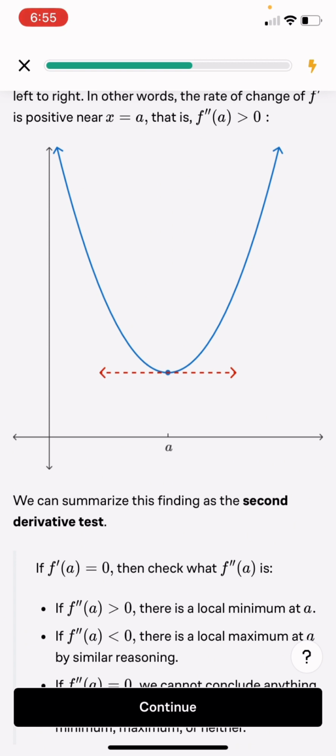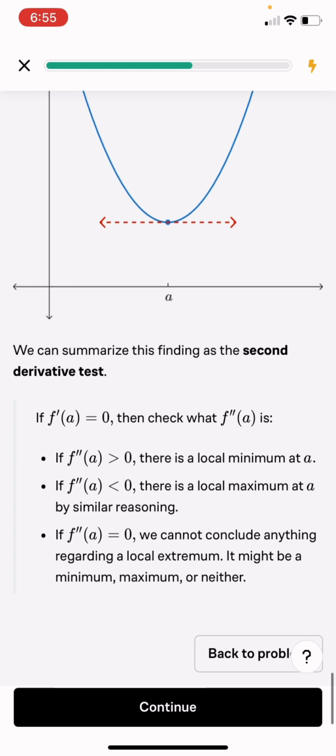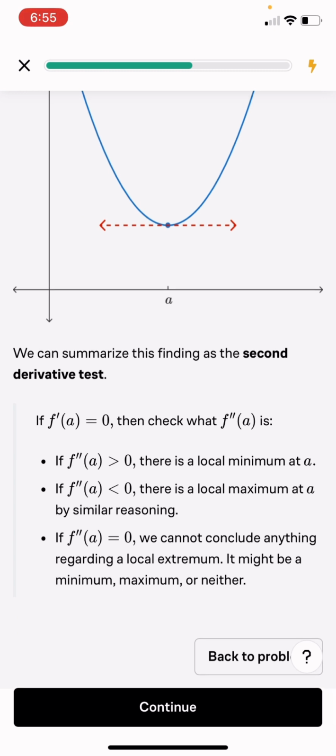If f prime prime a is equal to 0, we cannot conclude anything regarding a local extreme. It might be a minimum, a maximum, or neither. Yeah, that makes sense, because if f prime prime is less than 0, it's negative, and if f prime prime a is more than 0, then it's positive.